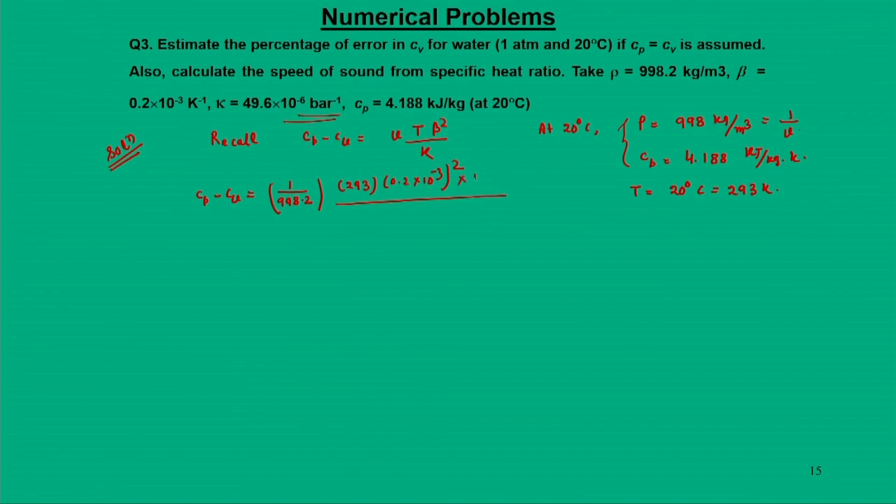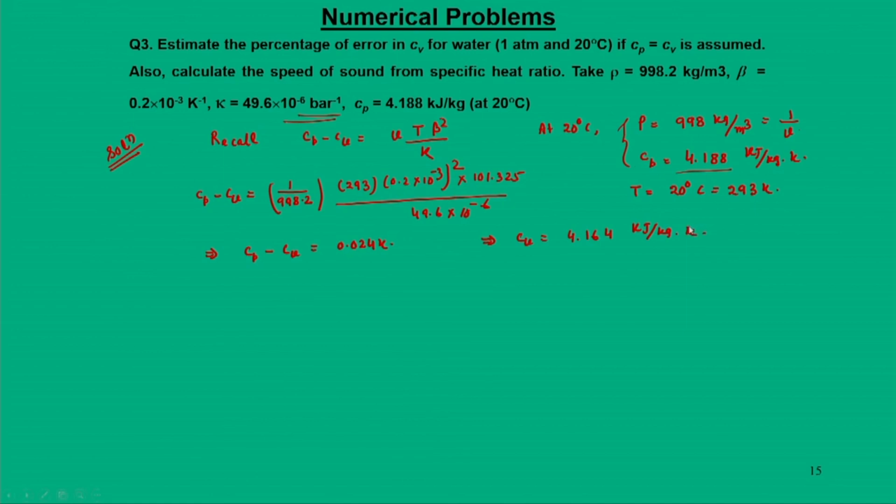So, we have to multiply 101.325 divided by 49.6 into 10 to the power minus 6. After simplification we get Cp minus Cv is equal to 0.024 kilojoule per kg Kelvin. You already have the data for Cp, so this will give you Cv value as 4.164 kilojoule per kg Kelvin.